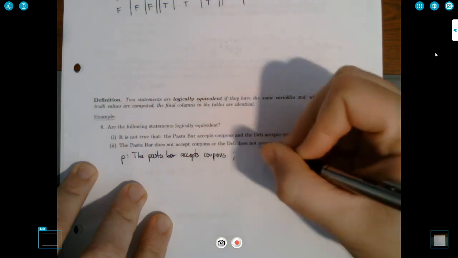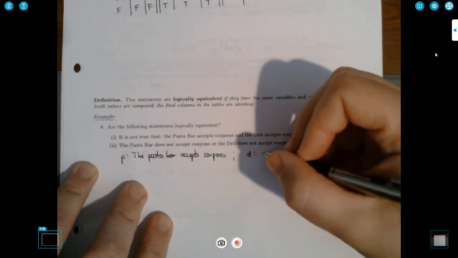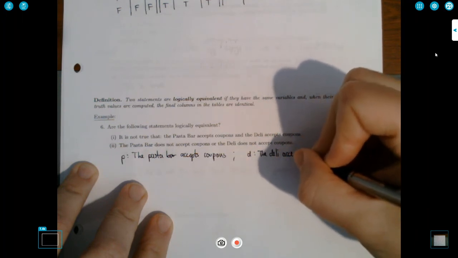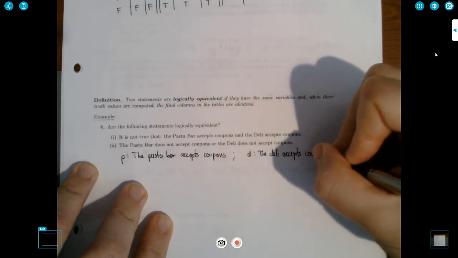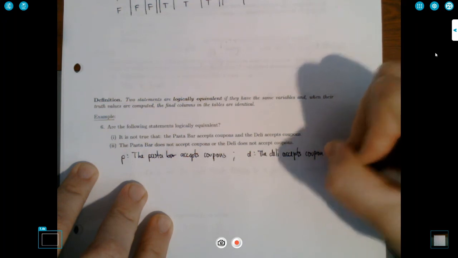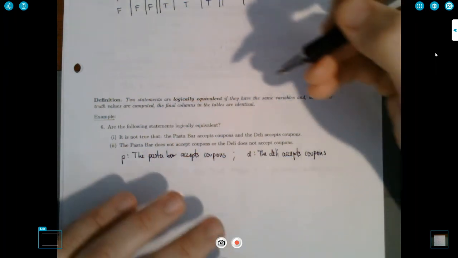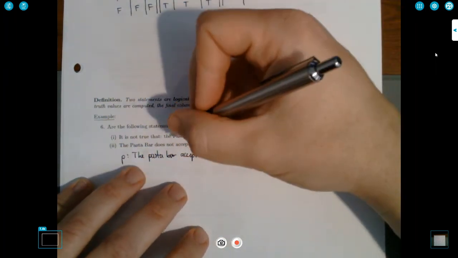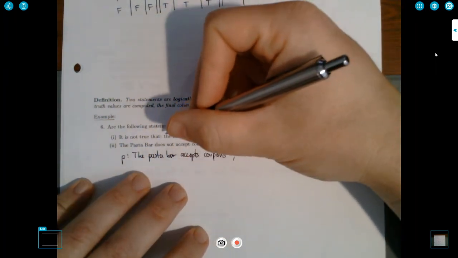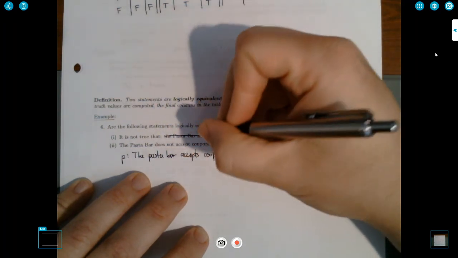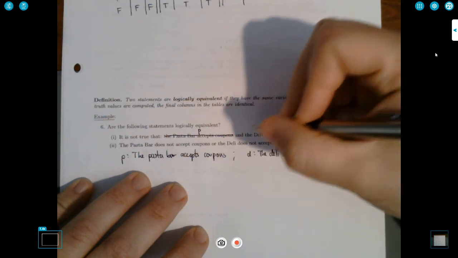And then let D be the statement that the deli accepts coupons. Okay? So making those switches, then we can cross some stuff out. We can say the pasta bar accepts coupons. We're going to think of that as P. The deli accepts coupons.